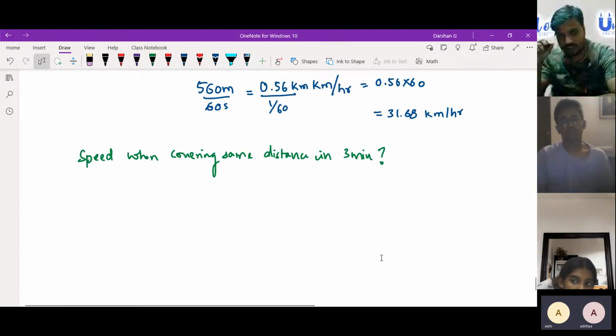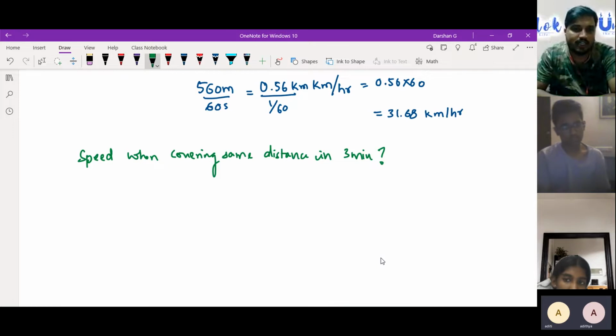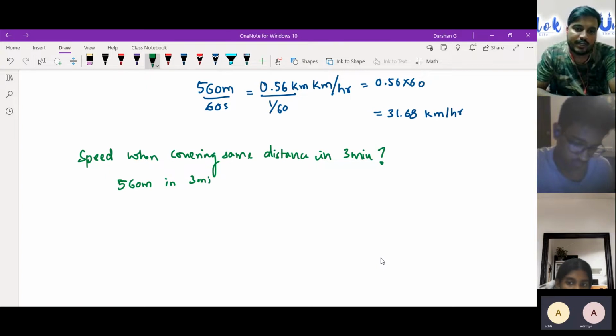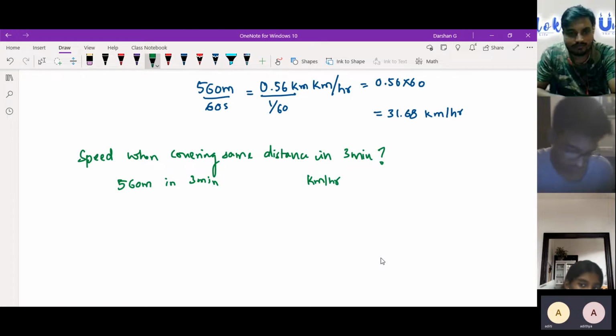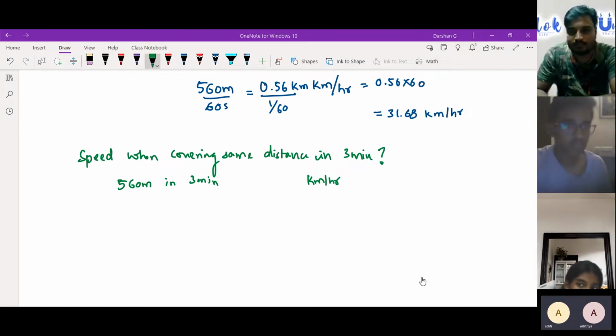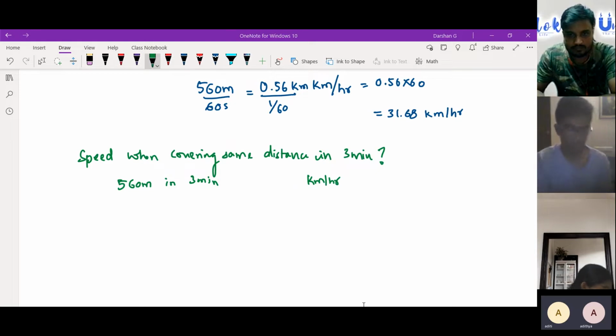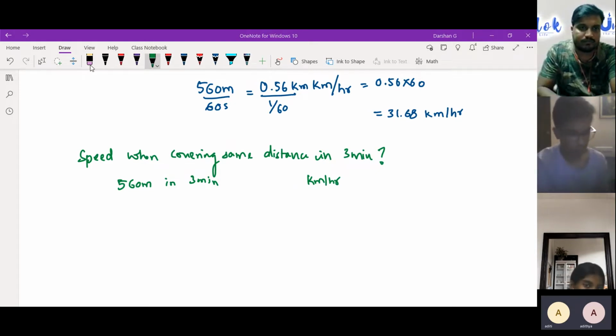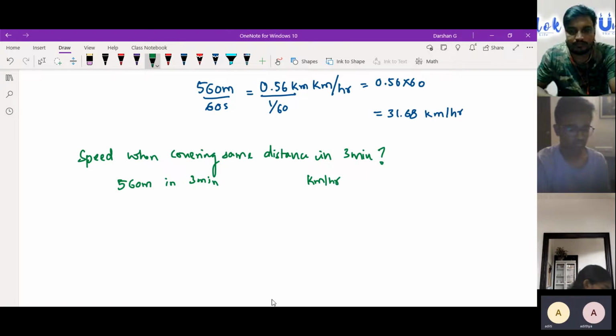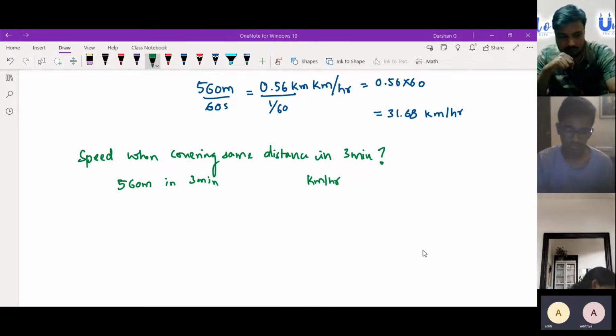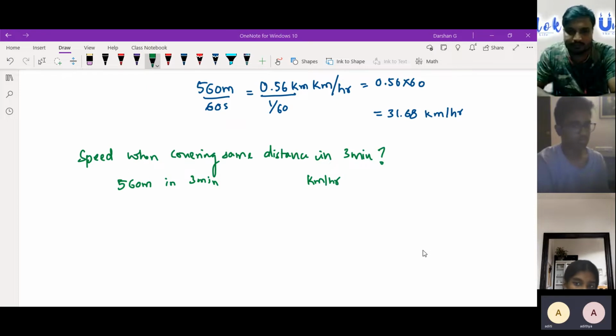Speed when covering distance in 3 minutes, so that means 560 meter in 3 minutes. That is what I'm trying to tell. Now you need to find the speed in kilometer per hour. Whoever gets the answer can let me know. Once you get the answer, you can unmute and tell the answer directly. We'll be waiting till you tell the answer.